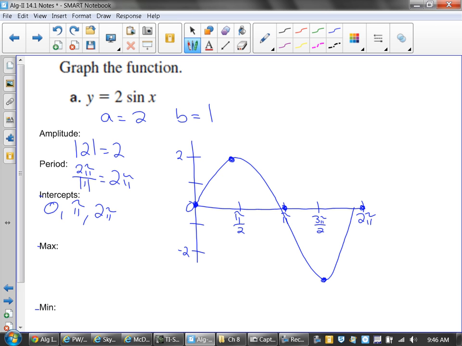The maximum value here is what? 2. And the minimum is? -2. Okay. Again, all we're looking at here is just trying to identify some maximums and some minimums without too much of a hassle. Again, hopefully not so frighteningly scary.